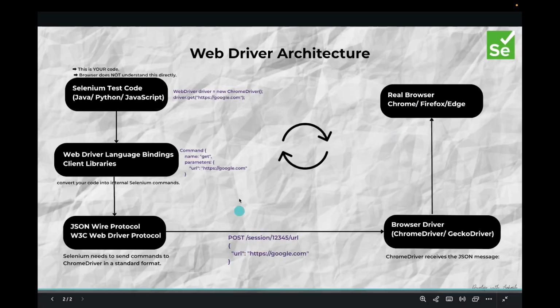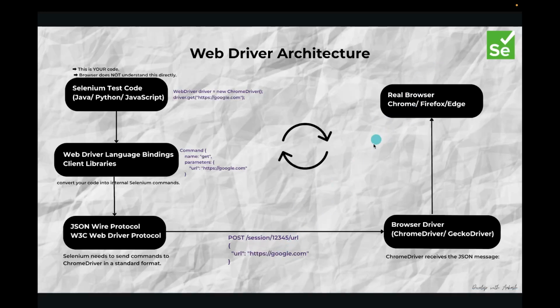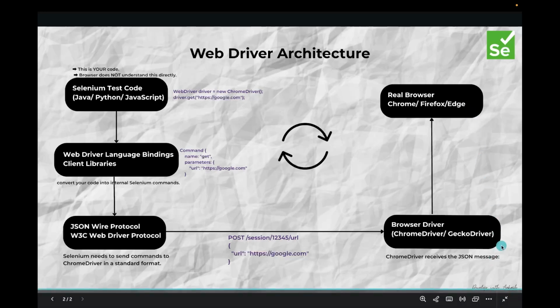For example, anyone can give any command, and if the browser reads it directly and executes it without thinking, do you think it is logical to do this? No, right? So that's why every browser like Chrome or Firefox has an agent, and that agent is called a browser driver. For example, Chrome has an agent called Chrome driver, Firefox has an agent called Gecko driver, and similarly Microsoft Edge will have an agent which is named something else.